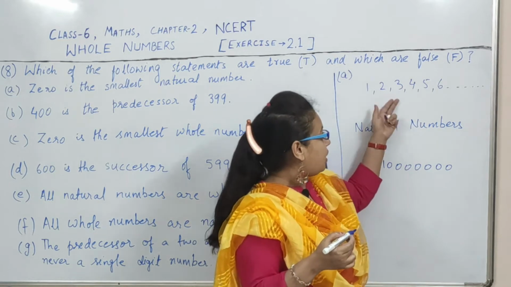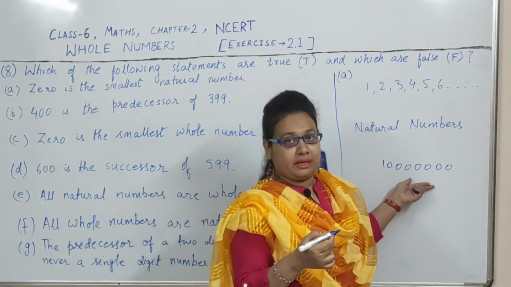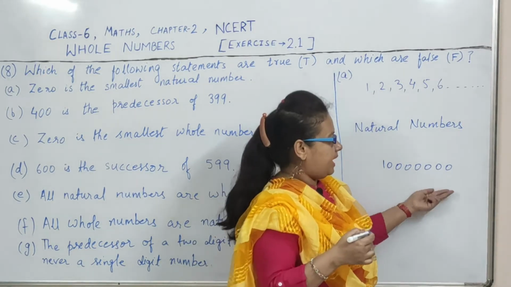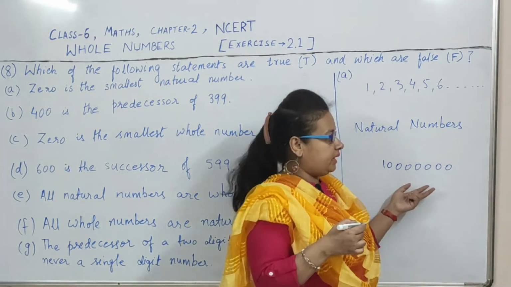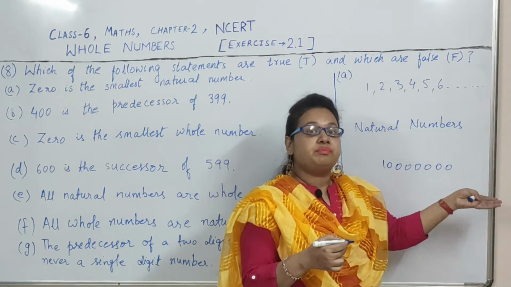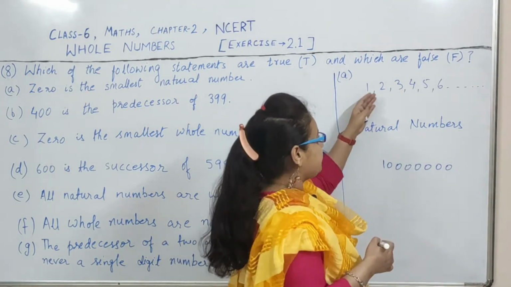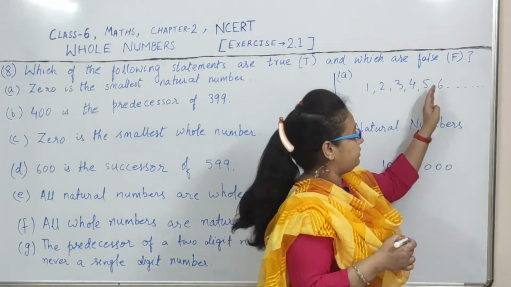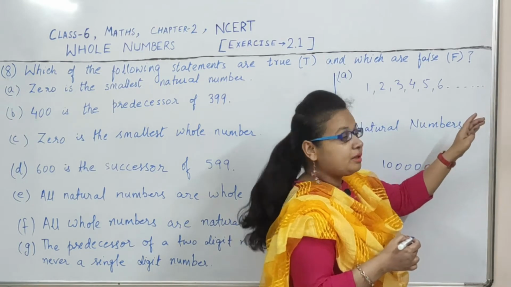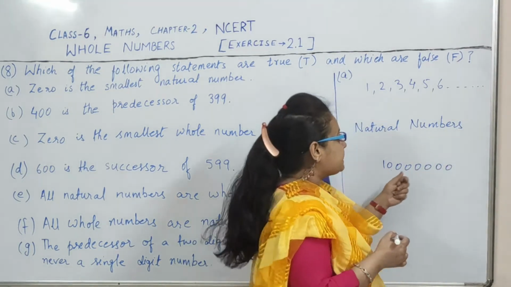So there is no largest number, because we can add 1 to the previous number and get the next number.